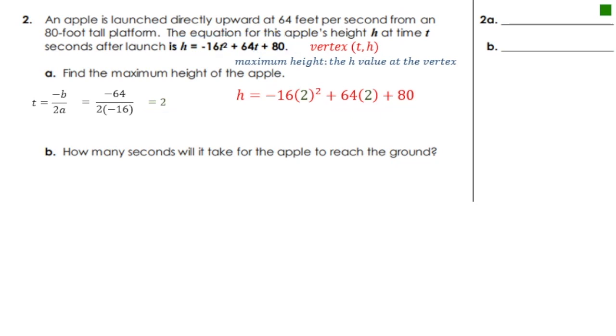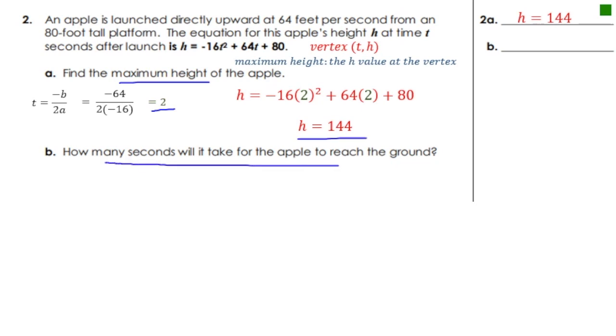Remember to do 2 squared first and then multiply times negative 16. When you put it all together, you will get 144. That is our maximum height. Therefore, that will go up here. So we have solved for the maximum height, which happens at 2 seconds, and the maximum height is 144.